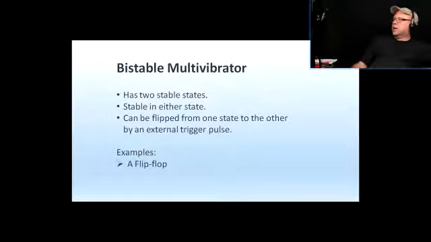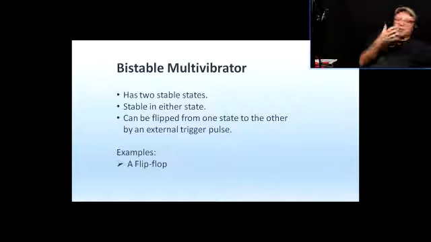Now, then we have a bistable multivibrator. It does have two stable states. It could be told to go low and stay there, or it could be told to go high and stay there until further instructions.